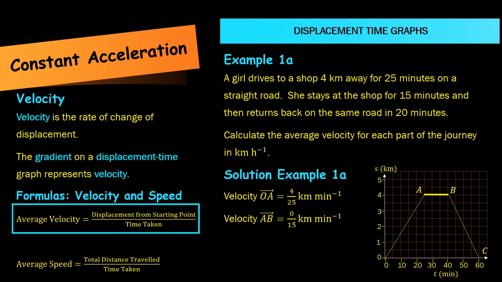The second part of the journey, from A to B, or the vector AB, is 0 divided by 15.